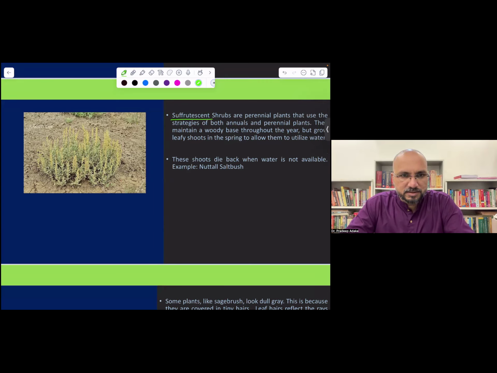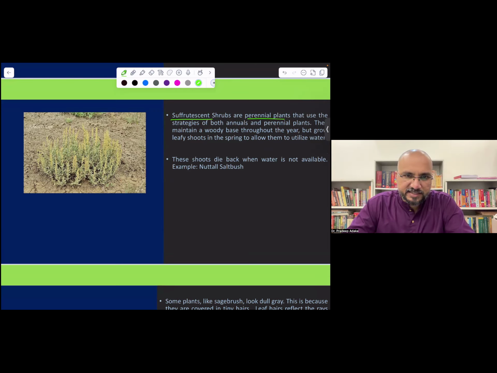Now, then there is suffrutescent shrubs. I think that is how it is pronounced. Suffrutescent shrubs. That means they have two types of stem. These are perennial plants. They have two types of stem.